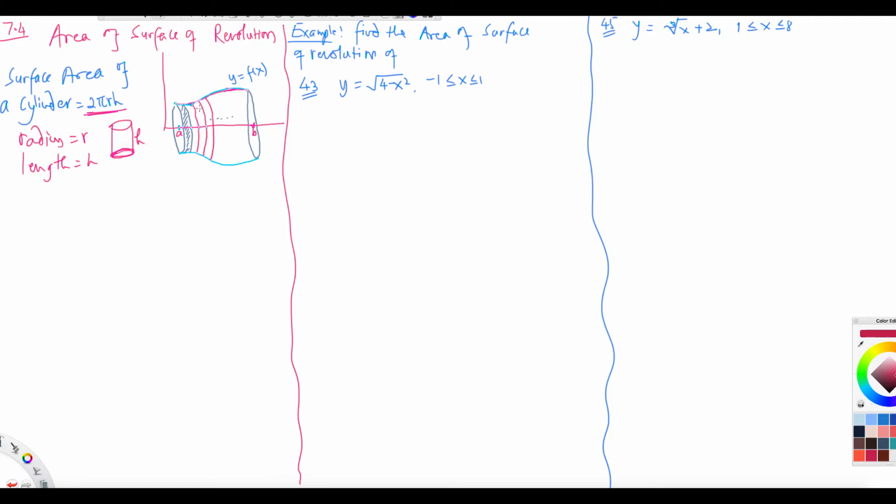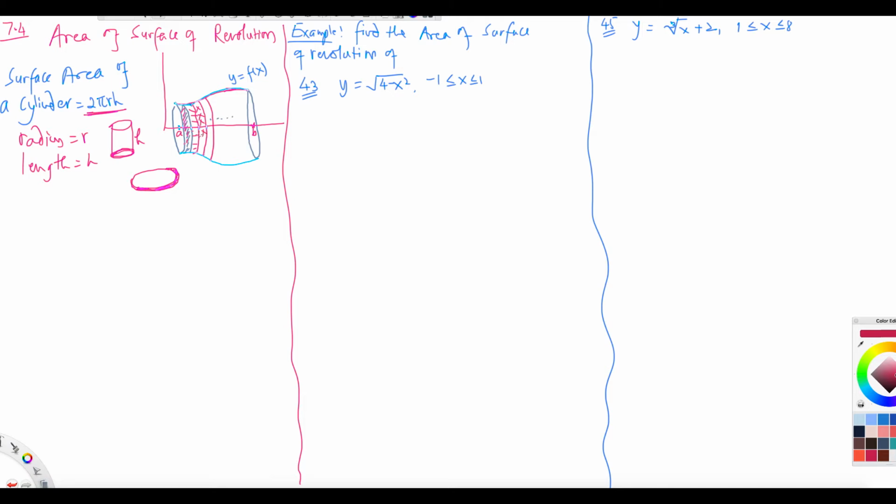If you cut each disc as a really thin slice, then it will be a very tiny cylinder. This one is one cylinder, there is another cylinder here, and another one like this.